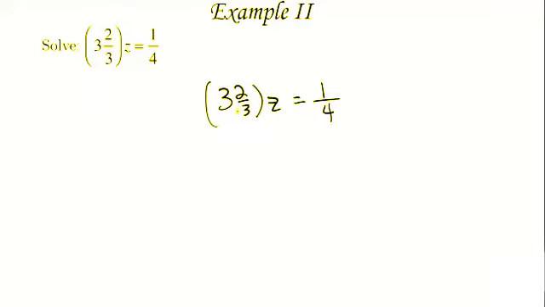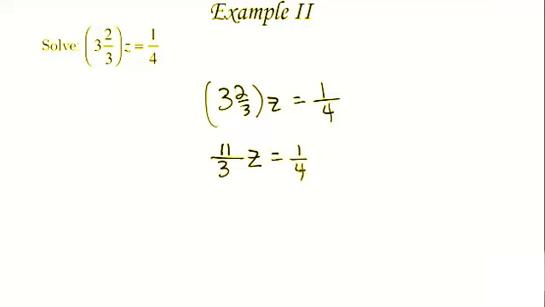In order to change it to an improper fraction, I'm going to multiply 3 times 3, which gives me 9, and then add 2. So 3 times 3 plus 2 ends up being 11, with the denominator of 3. So I have 11/3 z equals 1/4.